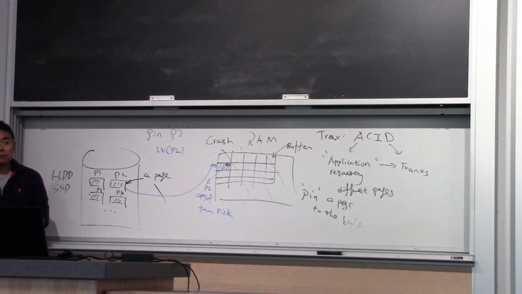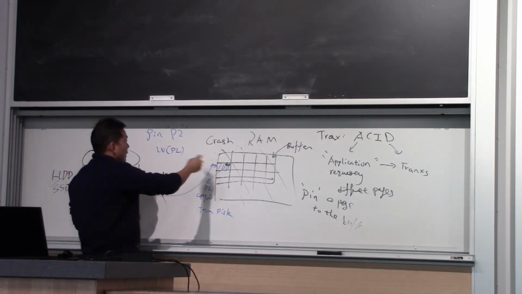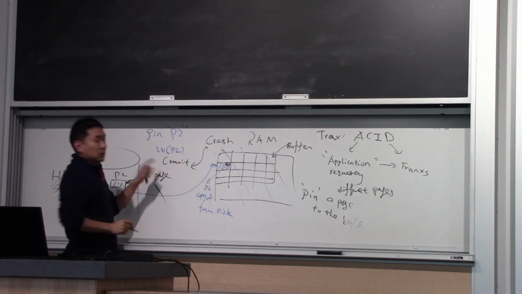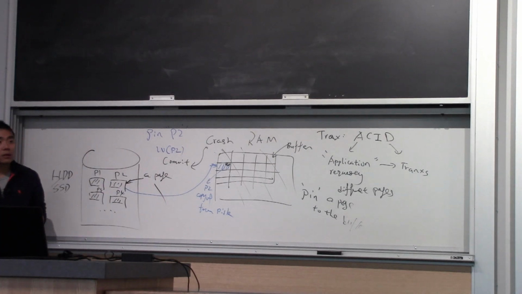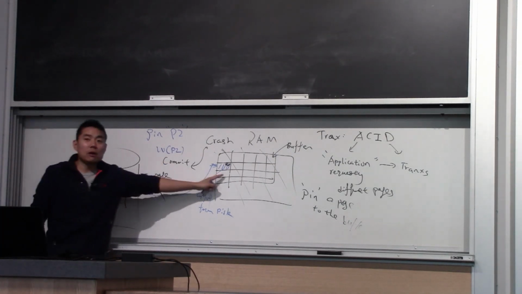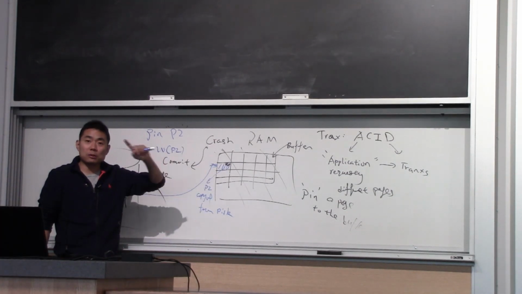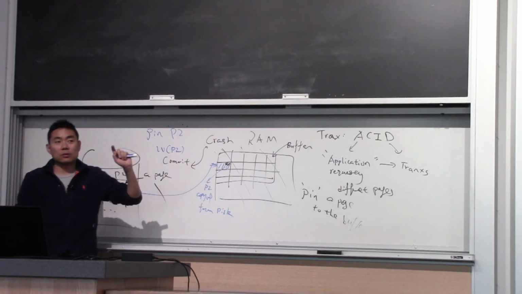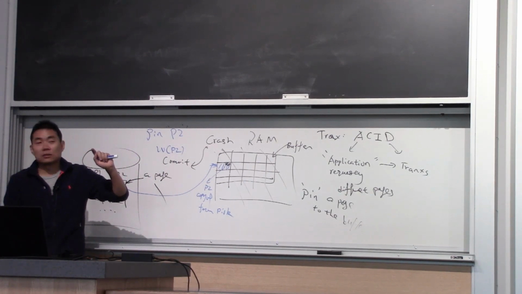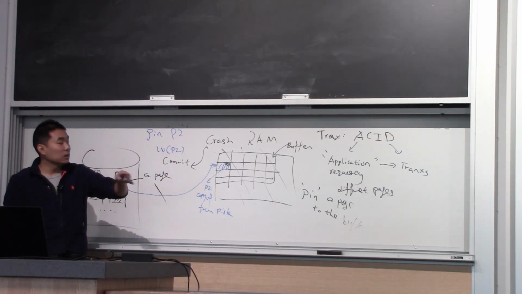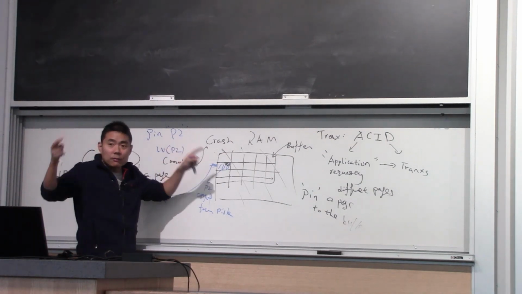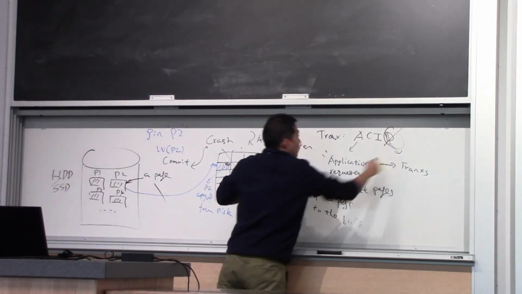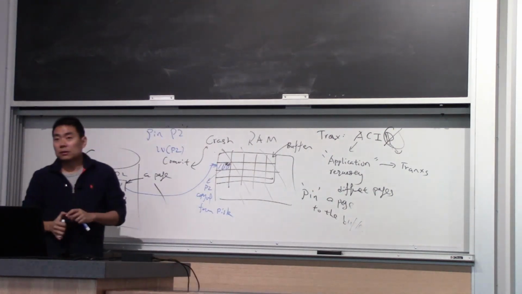You follow what I'm saying? And let's say that transaction has committed before this, and the system now crashes. What's the problem with this? Someone tell me what's wrong with this setup. If this happens, what's wrong with it? Don't you lose what you committed? Yeah, you lose what you have committed. Durability is not satisfied. You follow this?